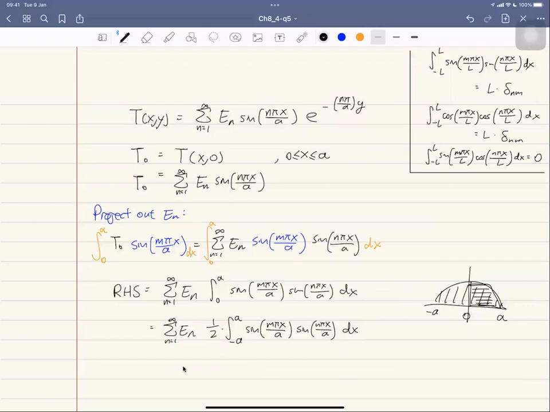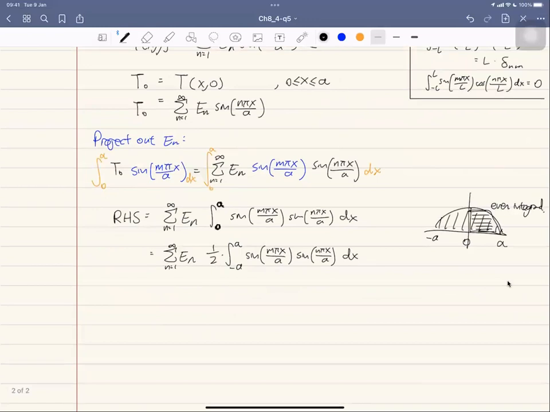I found 2 of the area, so I divide by 2. It should be the same as this, so this is an equal sign. So just understand this line: from 0 to a, just to emphasize that, is half of integrating from minus a to a, as long as this is an even function, even integrand. Okay, all right, good.